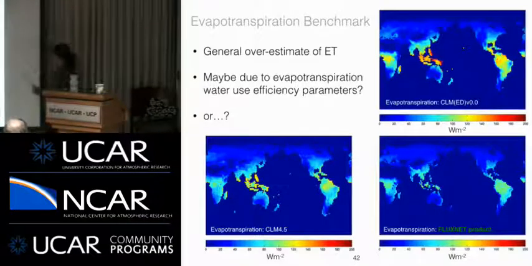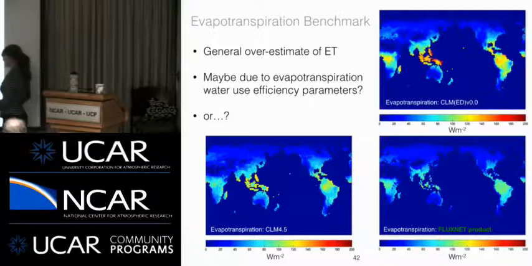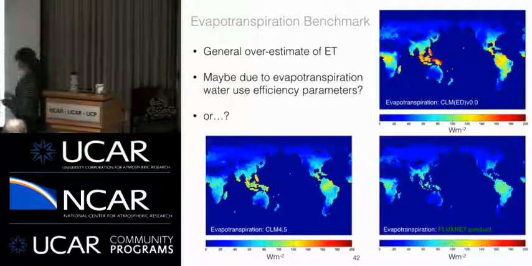Here, this is the CLM-4.5, this is the FluxNet product, and this is CLM-Ed. What I find is that the 4.5 is producing a slight overestimate compared to the satellite product, and the CLM-Ed is producing an even greater transpiration. So it's curious to me why this should happen.